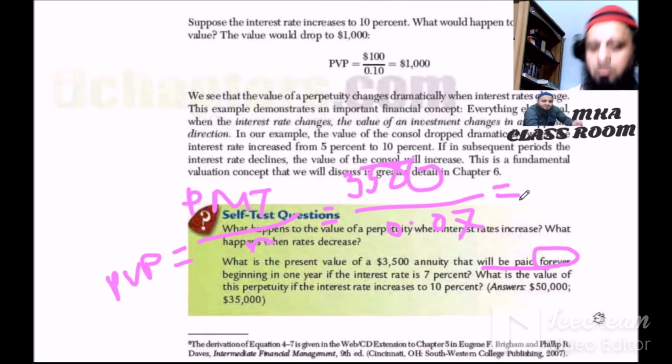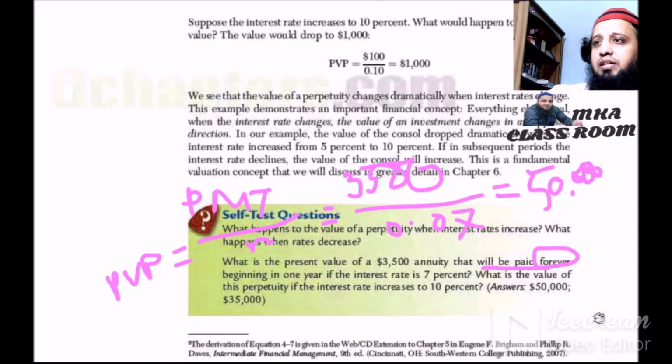So what will be our result? The result should be 3,500 divided by 0.07, 50,000 taka. So our result should be 50,000 taka.